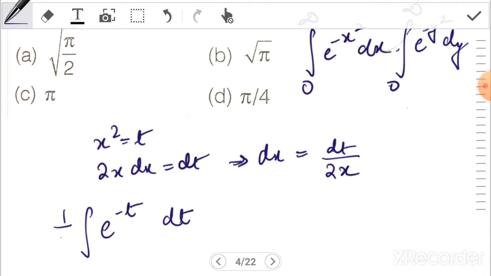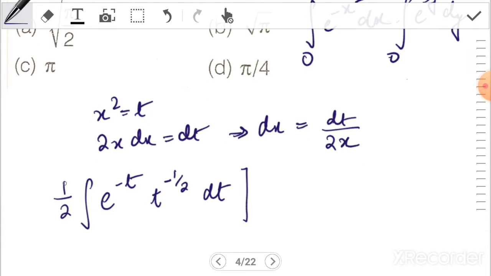Let us take 1 by 2 out, and 1 by x can be written as t power minus 1 by 2, so we have t power minus 1 by 2 dt, and the integral 0 to infinity e power minus y square dy.